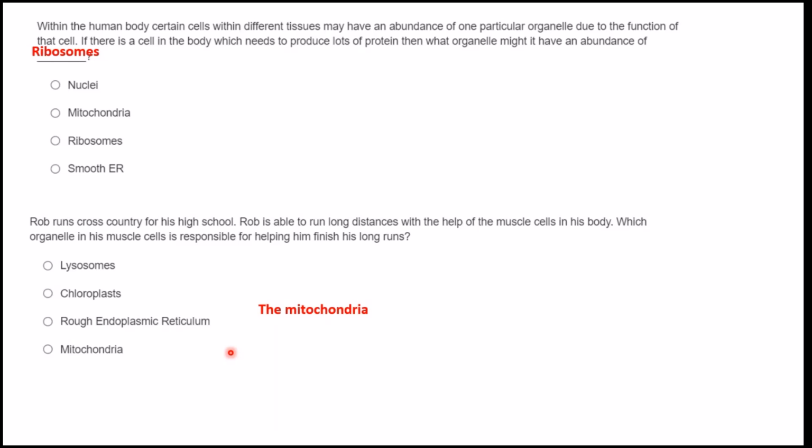When his muscle cells begin to receive less and less oxygen in his run, the mitochondria begin to produce a reduced amount of ATP along with lactic acid. The mitochondria is known as the powerhouse of the cell for this exact reason.